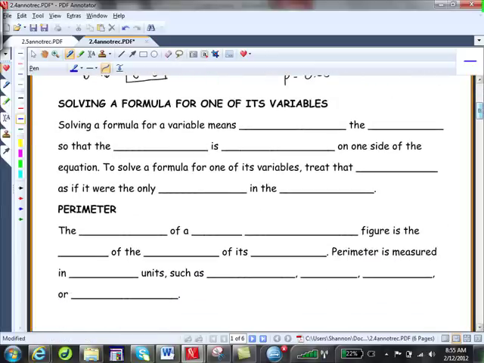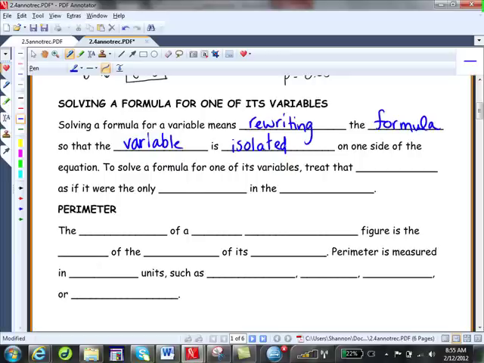All right, solving a formula for one of its variables. Solving a formula for a variable means rewriting the formula so that the variable is isolated on one side of the equation.